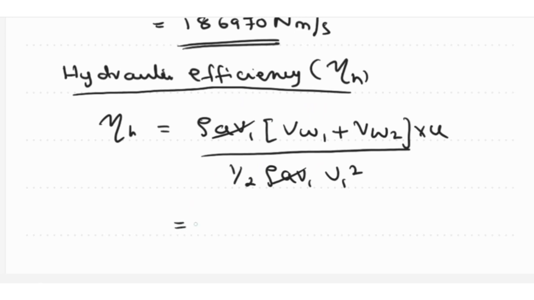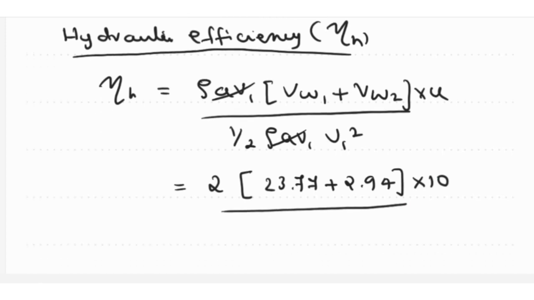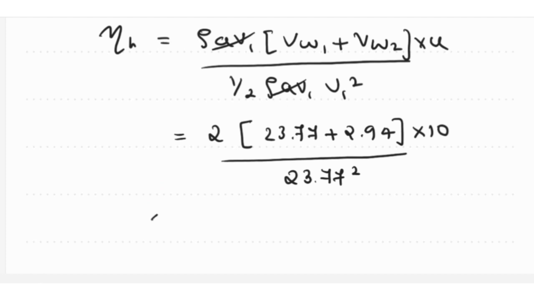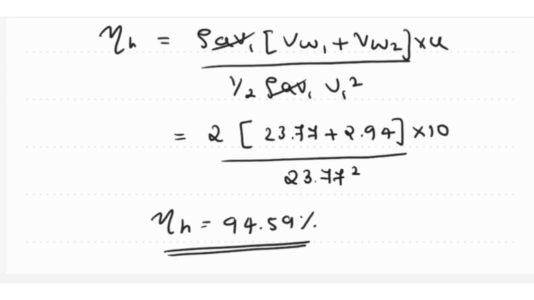So if we substitute the values, 2 into VW1 is 23.77 plus VW2 is 2.94 into 10, divided by V1 square, that is 23.77 square. So when we multiply these values, we'll get hydraulic efficiency eta H is equal to 94.59%. Thank you.